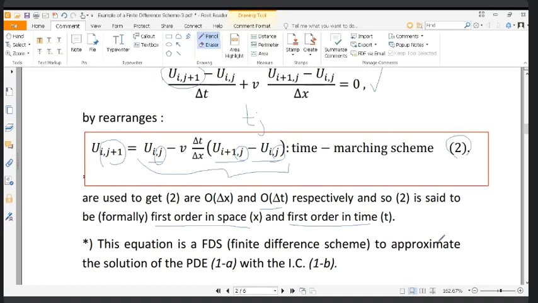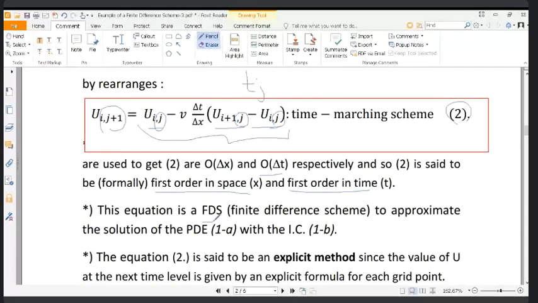This equation is a finite difference scheme. FDS means finite difference scheme. This means equation 2 is an FDS to approximate the solution of the PDE 1A with the initial condition 1B. I.C. means initial condition. We use I.C. for the initial condition. 1A and 1B is the main PDE.